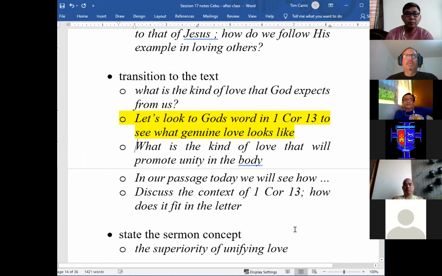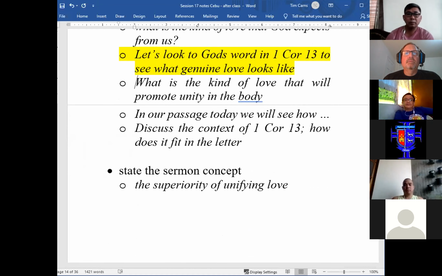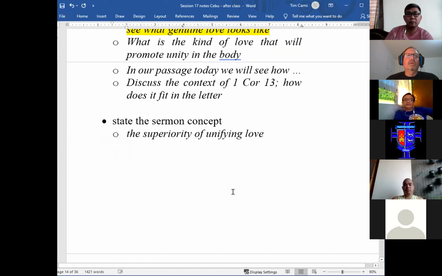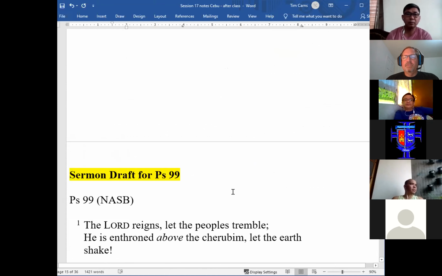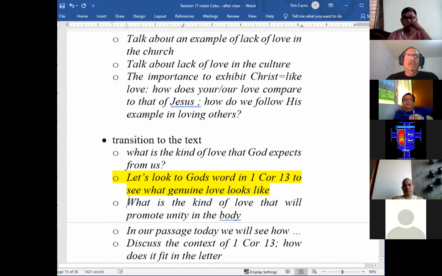So, let's look at Psalm 99. Now, I just showed you the outline, an example here with 1 Corinthians 13.